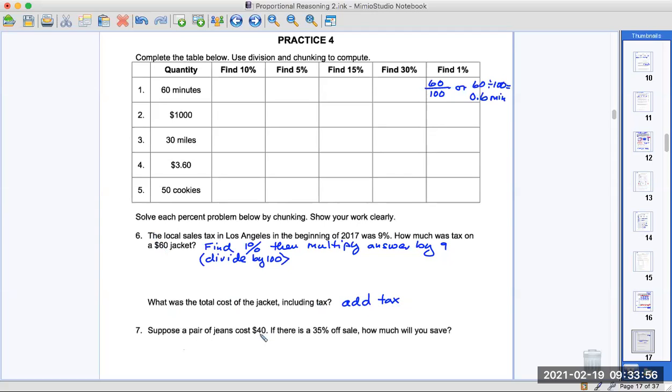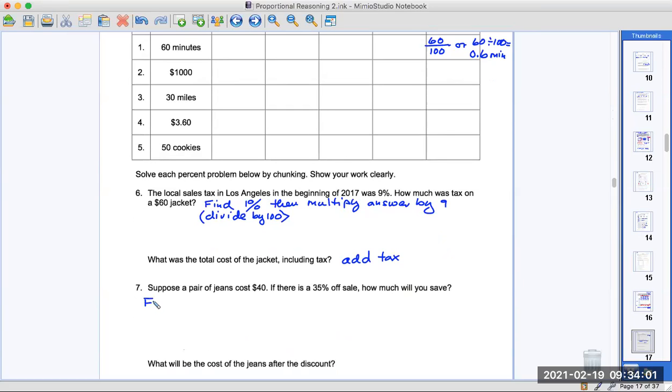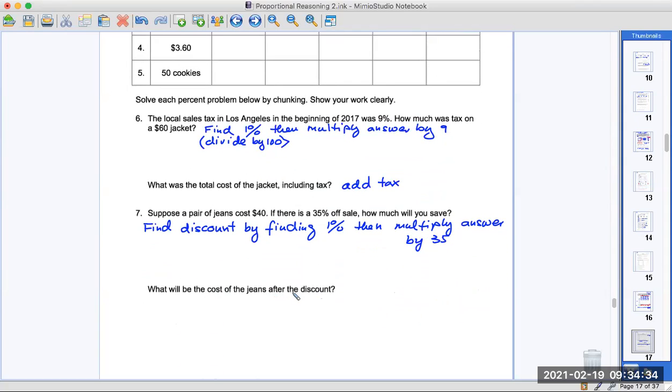Suppose a pair of jeans cost $40. There's a 35% off sale. So you find first the discount. It's called a discount when it comes off, by finding 1% first, and then multiply your answer by 35. Okay. What will be the cost of the jeans after the discount?